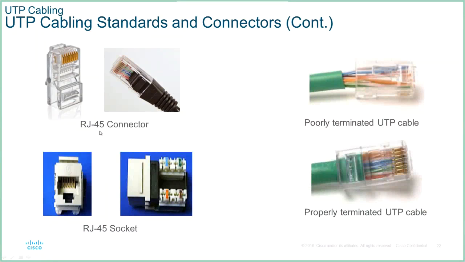So the standard RJ45 connector looks like this. It's a little clear housing with copper pins at the top end that cut into the individual wires. This is what gives us our connection point between the plug and the socket.